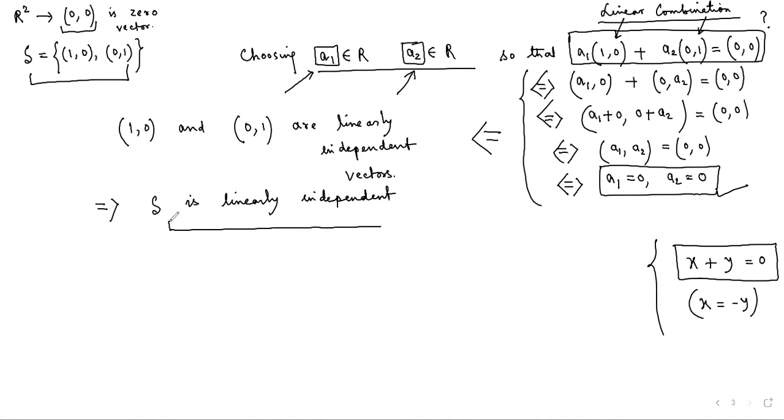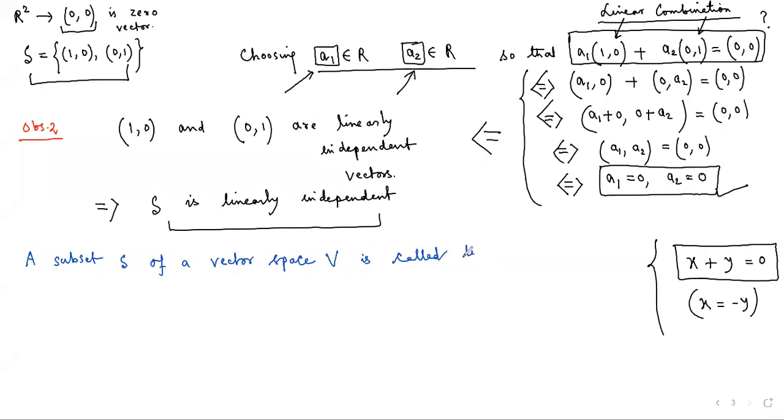So what is the definition of linear independence? This is my observation 2, and I'm writing the corresponding definition over here. The second definition: a subset capital S of a vector space V is called, okay, the time is running out actually.